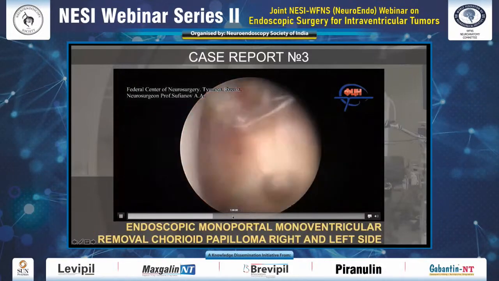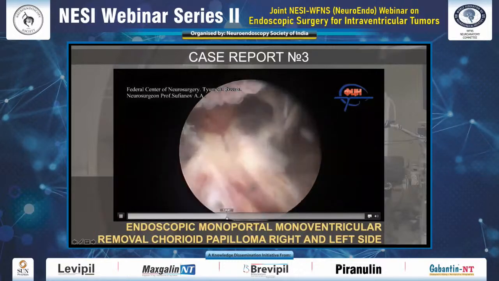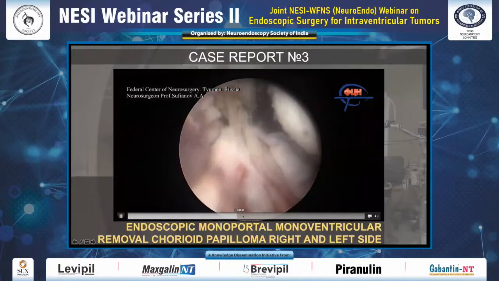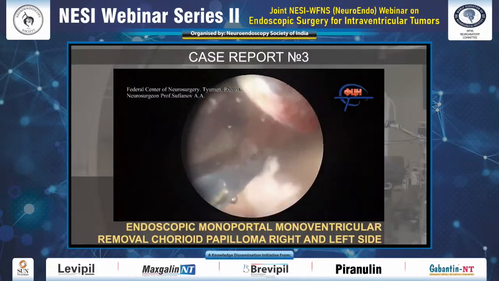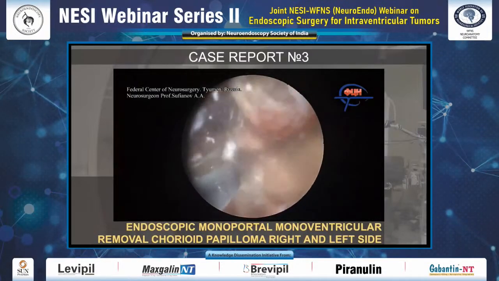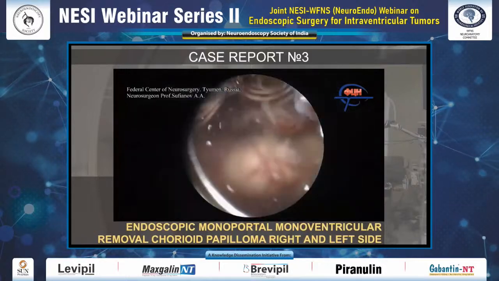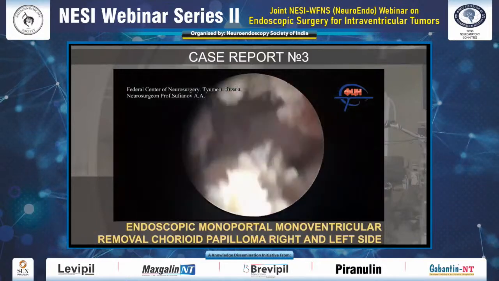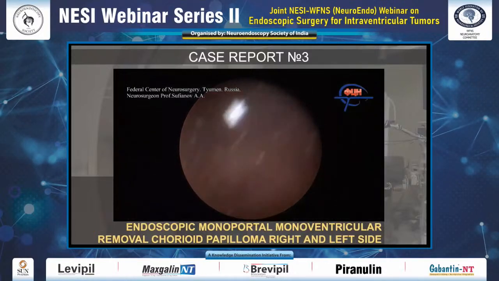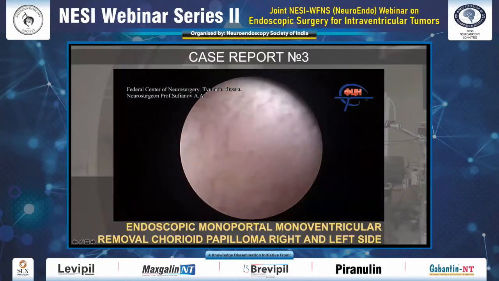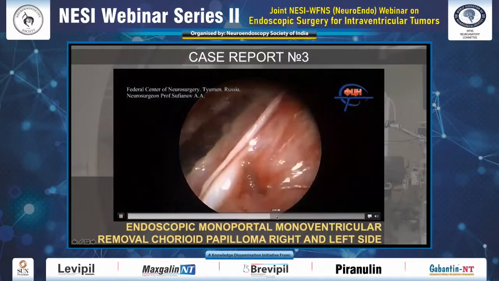So I moved to the other hemisphere, the other ventricle. Also the same procedure, 1 port. Also dissect the vascular peduncle, and also very precise work, coagulation, cutting, coagulation, cutting.